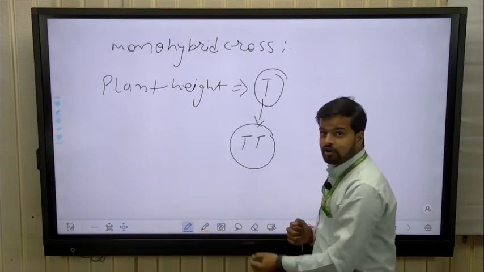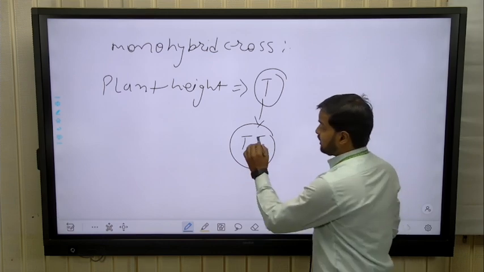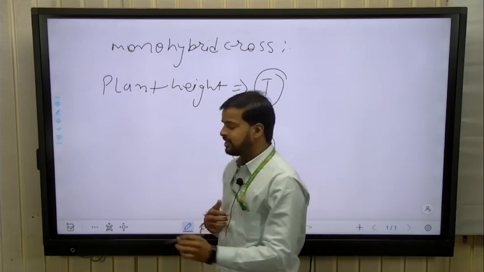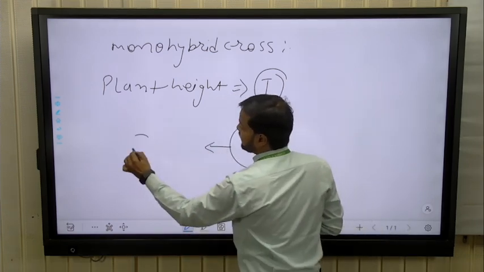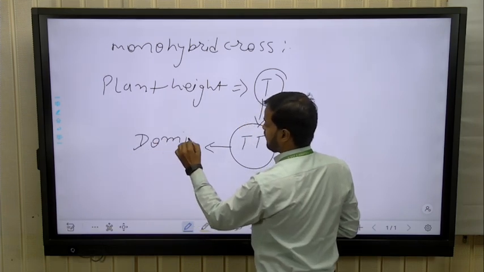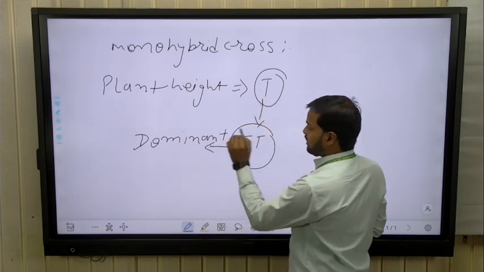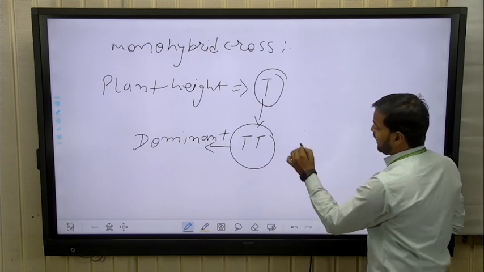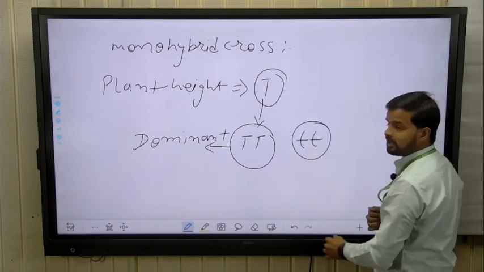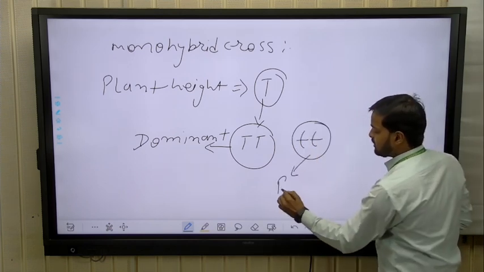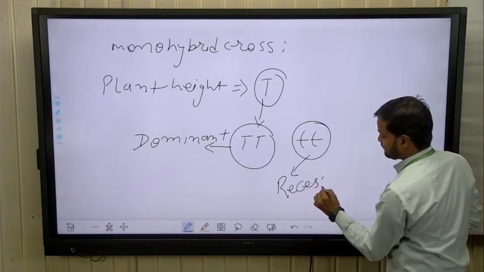For phenotypic representation, capital T gene denotes the dominant characteristic. And the other is small t, which is responsible for the recessive characteristic.